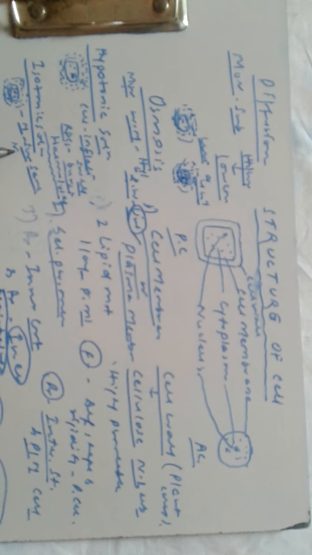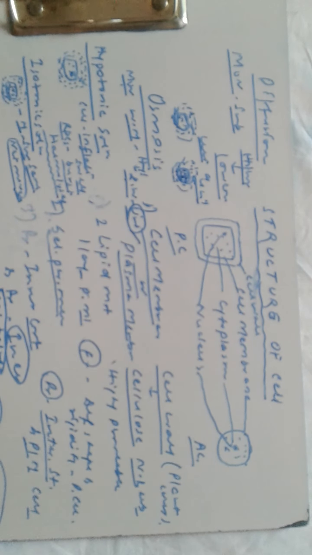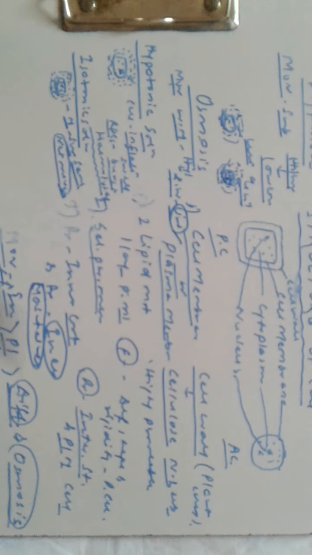So there will be no net movement of water. Water will move in and move out, but there will be no gain or loss. So there will be no net movement of water visible across the plasma membrane. Such kind of solution, in which the medium surrounding the cell has the same concentration as that of the cell, is isotonic.